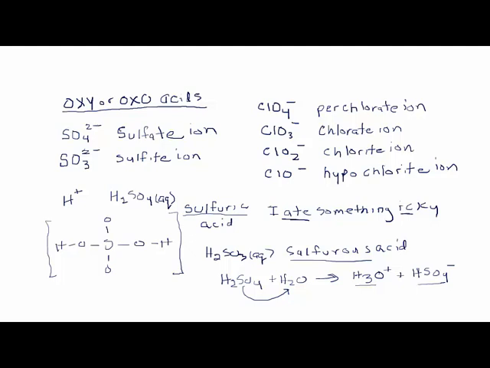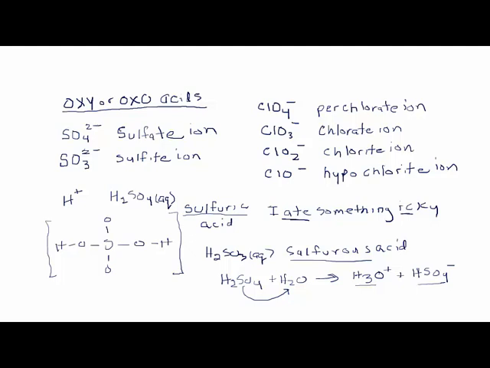The other type of acid, called the oxy or oxo acids, they must have oxygen in them. They begin as polyatomic ions, and knowing the charge of the polyatomic ion, we know how many hydrogen ions have to be added in order to have a neutral substance, and that's how we determine the chemical formula for those acids.